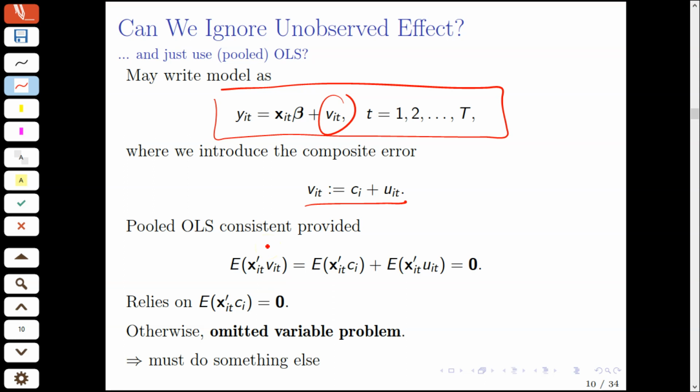Well, expanding on the composite error term, we see that this expectation is the sum of two components. One is the expectation of the product of the regressors and the individual effect, c_i, and the other is the expectation of the regressors and the additional unobservable, the u_it's. And iterating the latter expectation, we see that this is 0 under our working assumption of contemporaneous exogeneity.